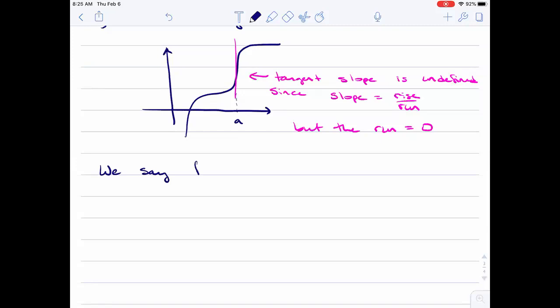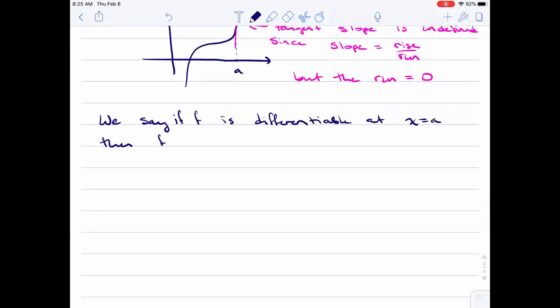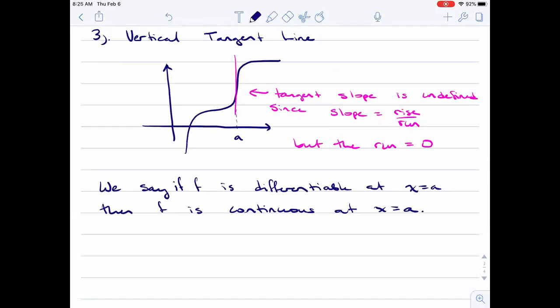We say that f is differentiable at x equals A as long as f of x is continuous at A. It's important: if f is differentiable at x equals A, then f is continuous at x equals A. I'll underline this if, because I lost it in the beginning.